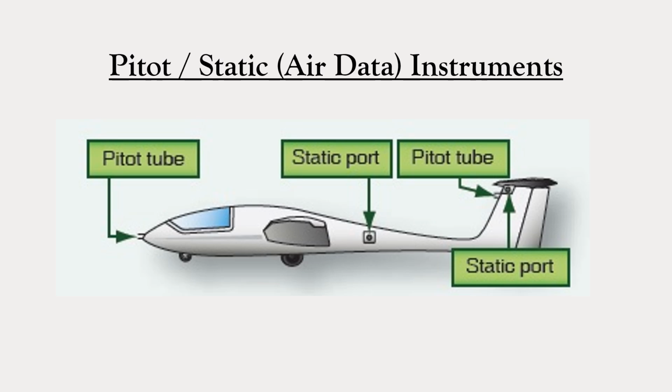Sometimes you'll see a pitot tube at the nose of a glider. Unfortunately, that's also a place you like to put a tow hook, so that's why the tail is more common. On aircraft with engines, sometimes you'll see the pitot tube out on a wing so that it's away from the propeller blast.